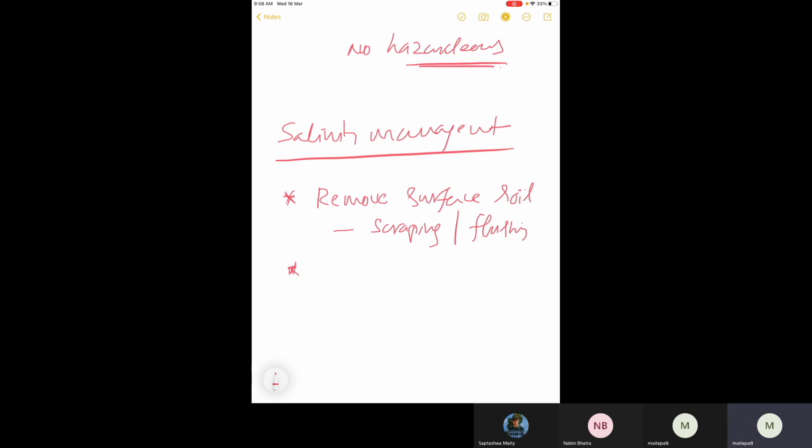Okay, so the other one is, if you have salts present in the soil, you can remove them by surface water, by using drainage, and provide a surface drainage system.